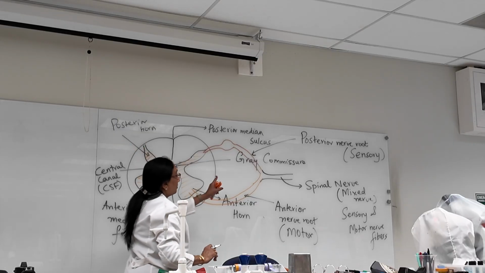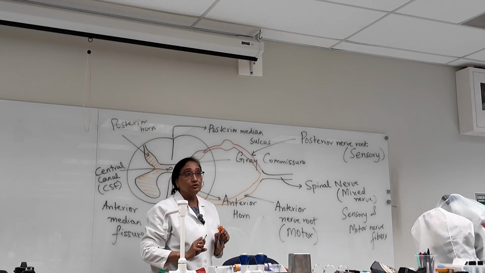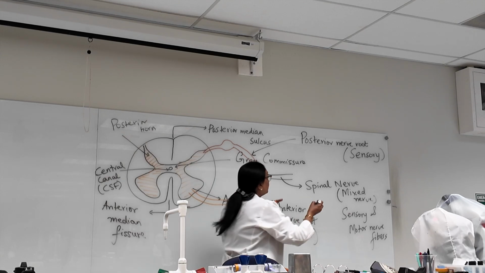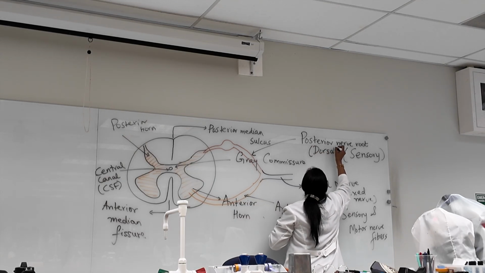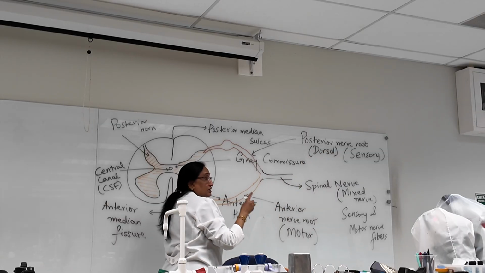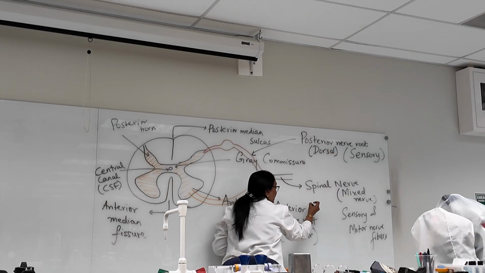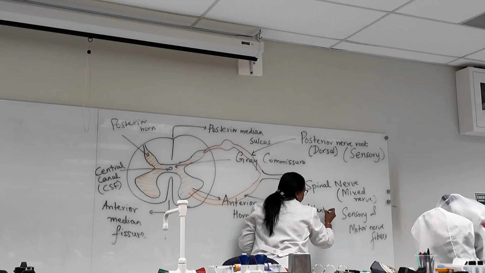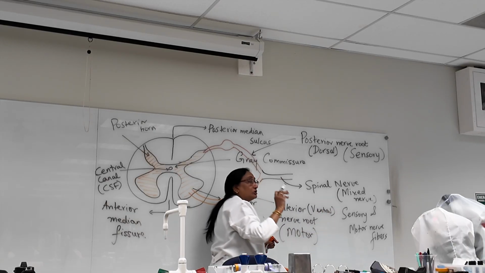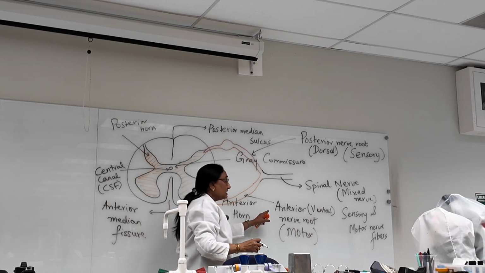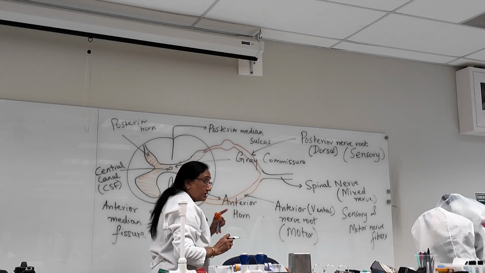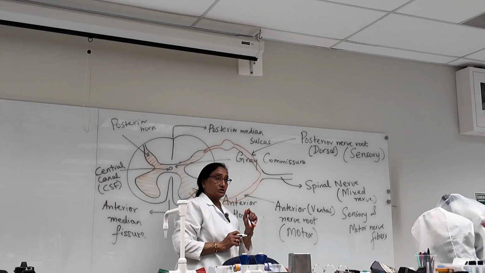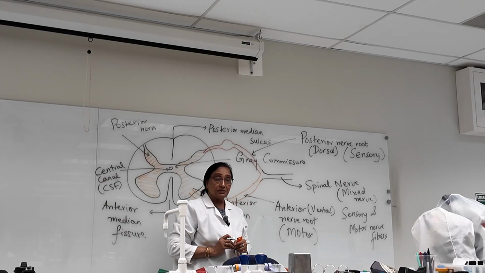The posterior nerve root is also called the dorsal nerve root. These are interchangeable. Anterior is called ventral. So posterior nerve root or dorsal nerve root, anterior nerve root or ventral nerve root. Ventral nerve root is always motor. That is sensory.